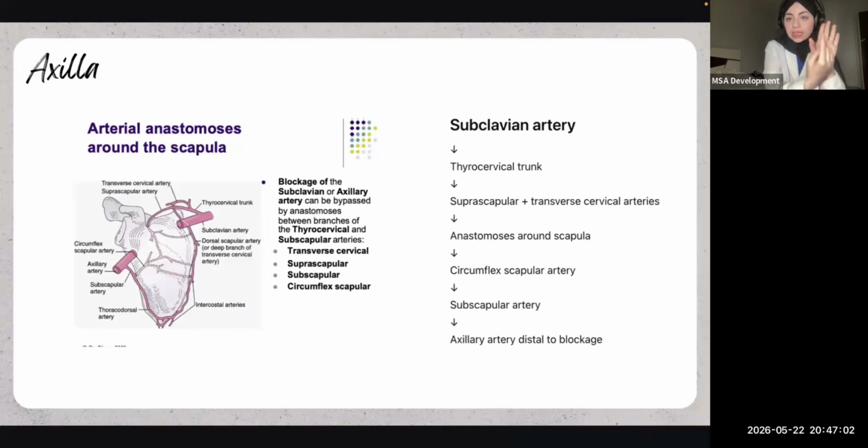It's going to start sending branches up to communicate with who? To communicate with the thyrocervical trunk right here. Remember the thyrocervical trunk from the second part of the axillary artery. And it's going to anastomose. Now, this means that in case the axillary artery was blocked or in trouble, I can still have a bypass or a way for the blood to pass by, avoiding the axillary artery.